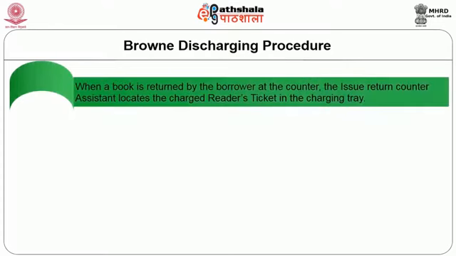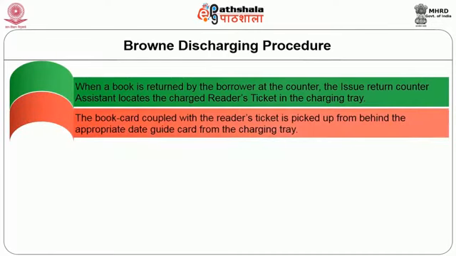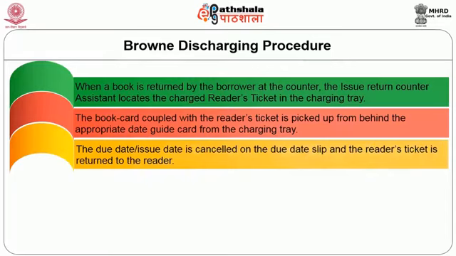When a book is returned by the borrower at the counter, the issue and return counter assistant locates the charged reader's ticket in the charging tray. The book card coupled with the reader's ticket is picked up from behind the appropriate date guide card in the charging tray. The issue date is cancelled on the due date slip and the reader's ticket is returned to the reader.